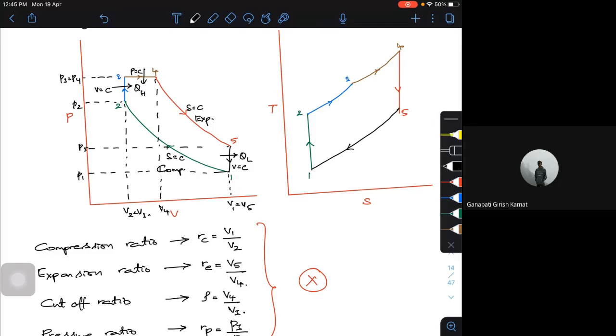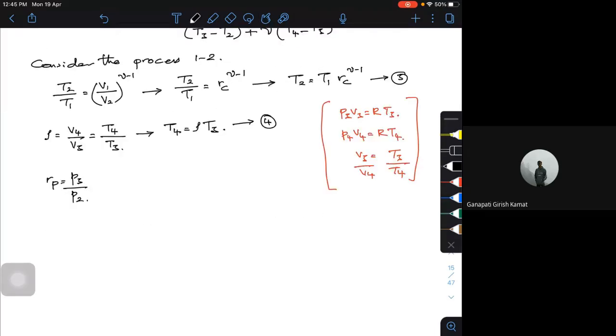So T3 is equal to Rp into T2, and T2 is nothing but T1 Rc to the power of gamma minus 1.